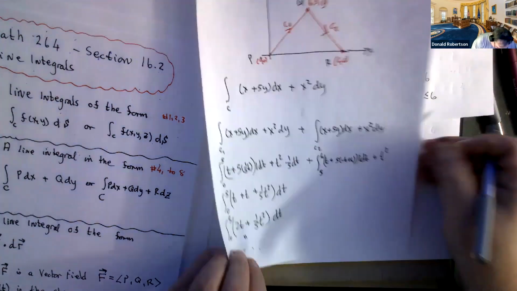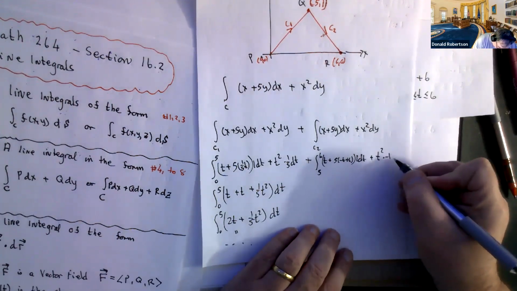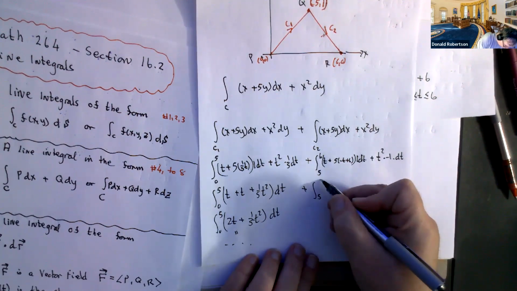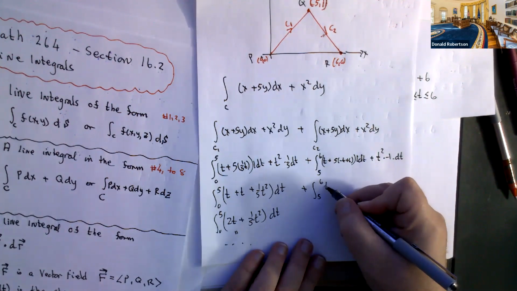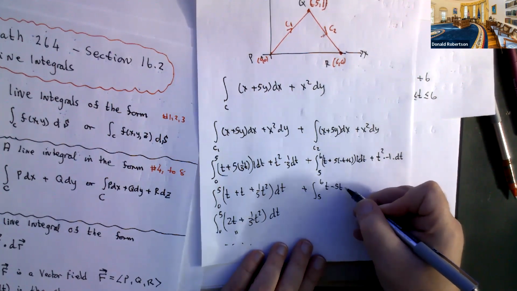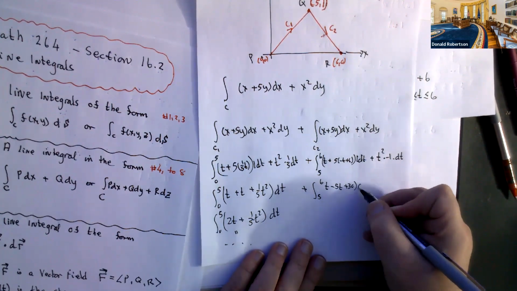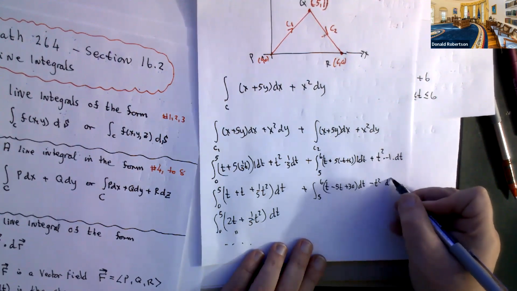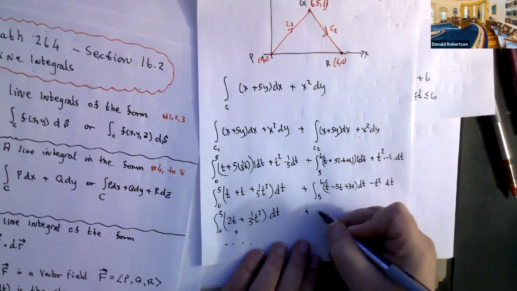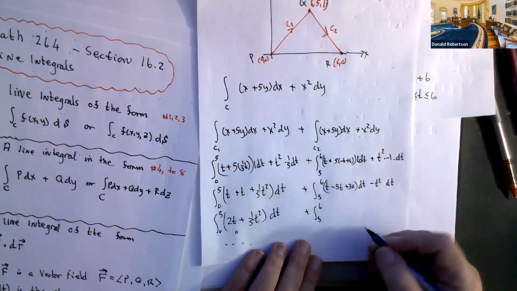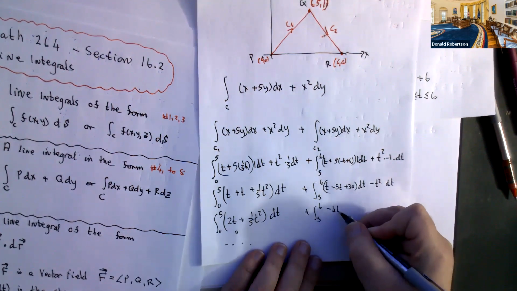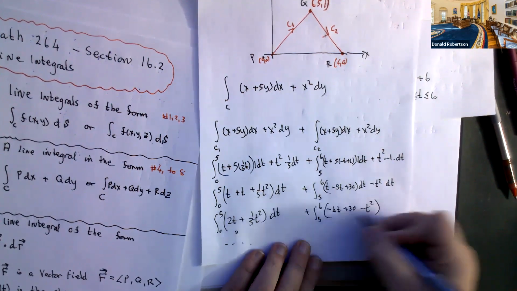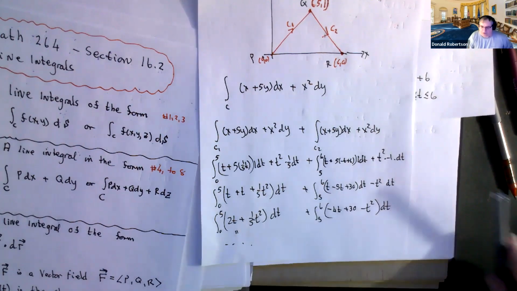And instead of a dy, I'm going to have a negative 1 dt. So this is going to be the integral from 5 to 6 of t take away 5t plus 30 minus t squared dt. So that's going to be the integral from 5 to 6 of negative 4t plus 30 take away t squared dt. And we're done.